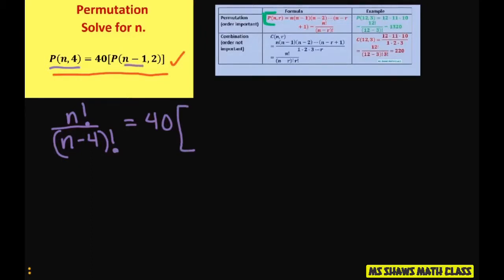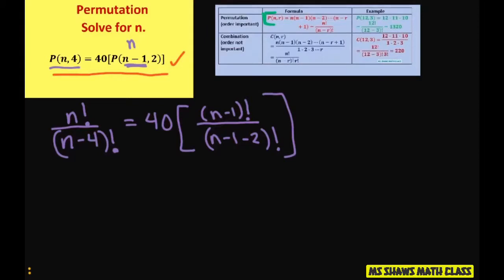Now in this case, my n is n minus 1, so you're going to write in the numerator n minus 1 factorial. And in the denominator, we have to write our n again. These should match. You write n minus 1 again, because that's your n, and then you subtract the 2, and then write factorial.